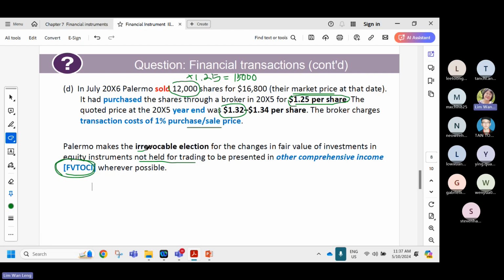Irrevocable means once you already determine you are going to measure at fair value through the OCI, you can't change anymore. That's the meaning. So how do we account for this? We can go to the next slide.